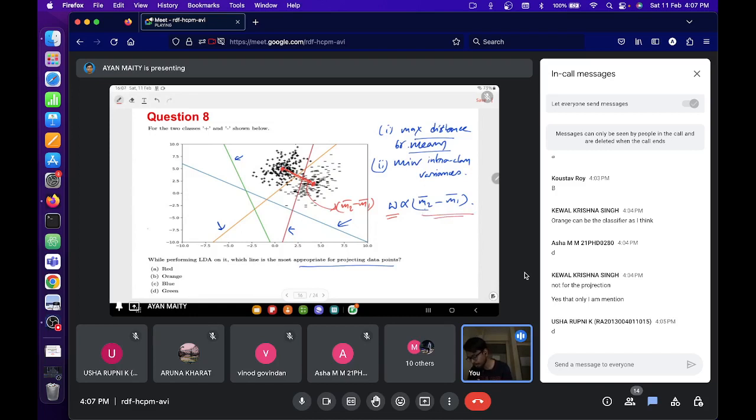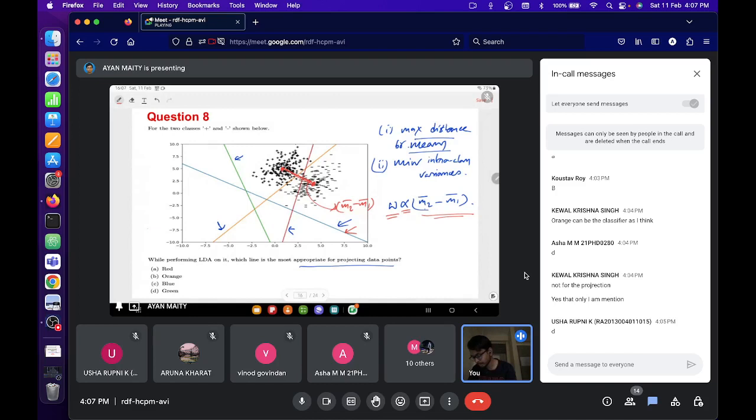If you check all the 4 straight lines, only this blue one is parallel to this line. Proportional in case of vectors basically means parallel. Even in case of straight lines, proportional means parallel. There is only one straight line parallel to the red joining line that I have drawn, which is this blue line.